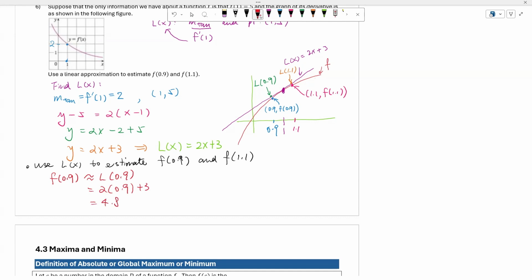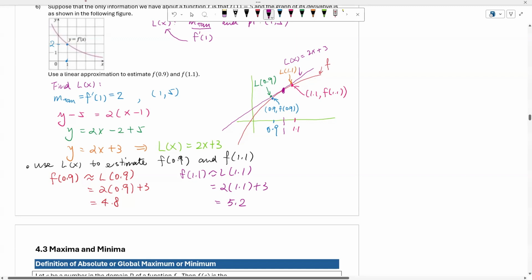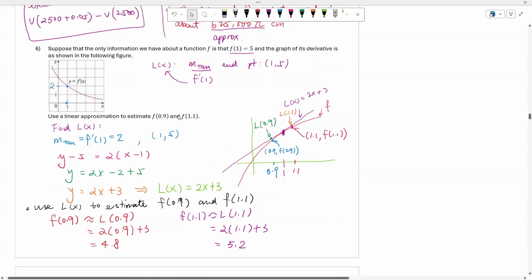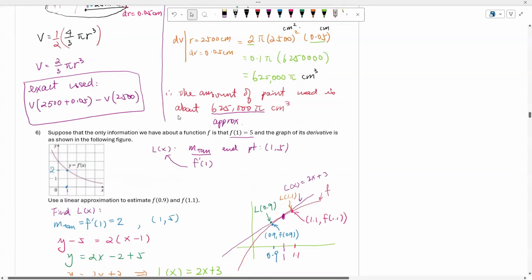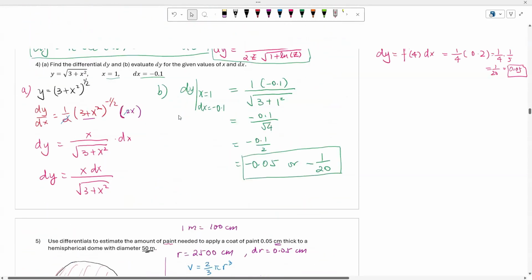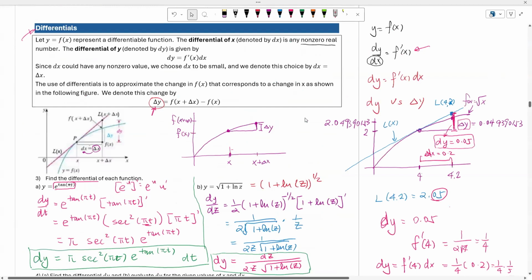It is equal to 4.8. And f of 1.1 is approximately equal to L of 1.1. So it will be 2 times 1.1 plus 3, which is 5.2. So this is how we use differentials to help us work on some problems. Okay, thank you.